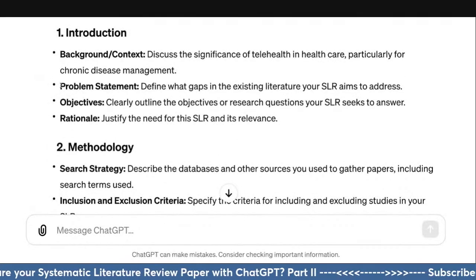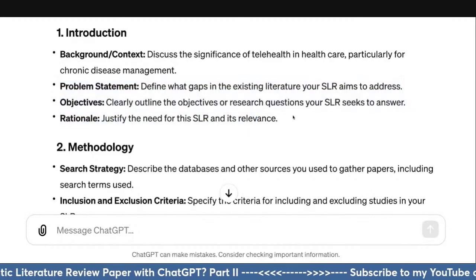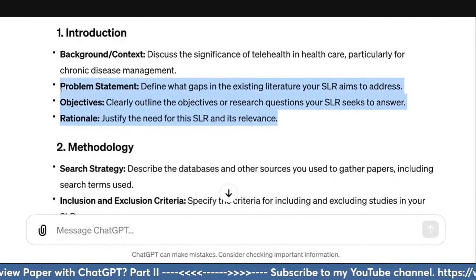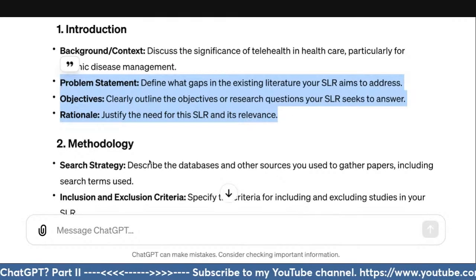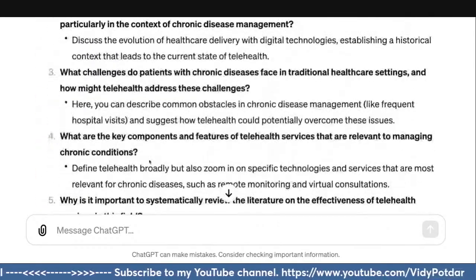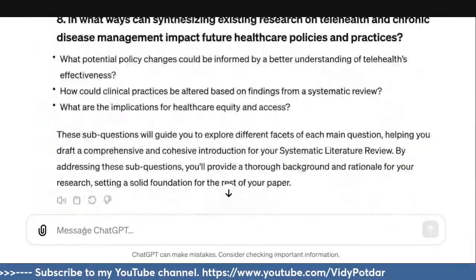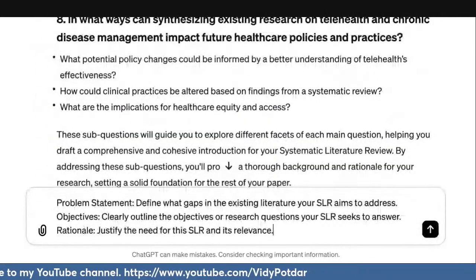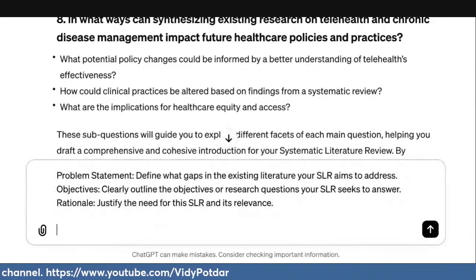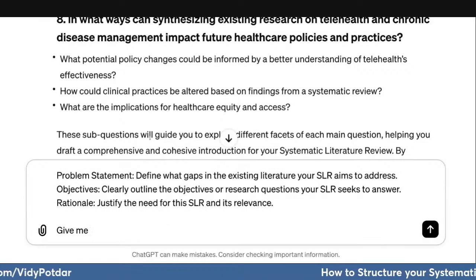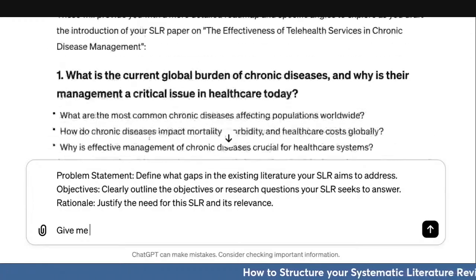So now let's take these 3 things, and what I will be doing is, I'll copy this here, and then I would say, I'll copy that prompt from earlier.